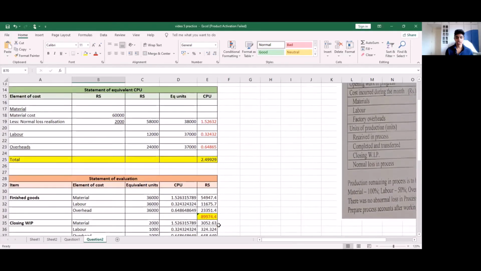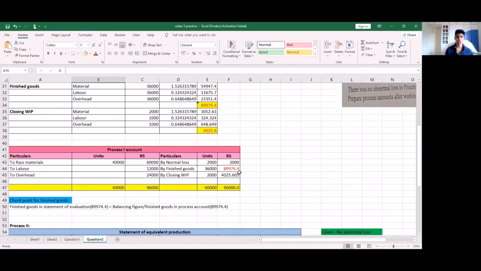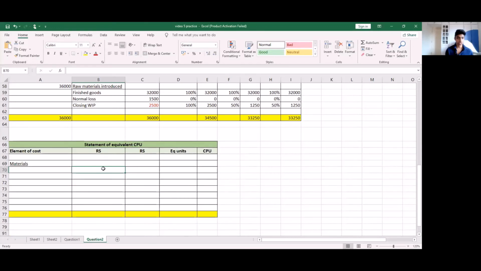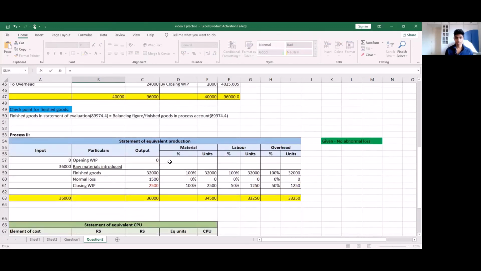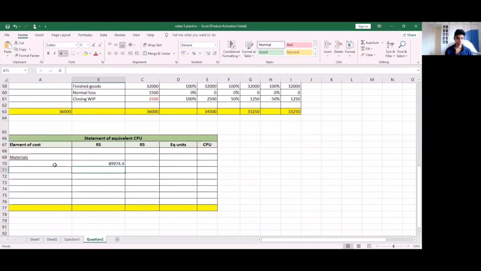So the amount of finished goods for process one will also be the amount for materials in our process two. So our cost of materials will be 89,974.4. This is our cost of materials.